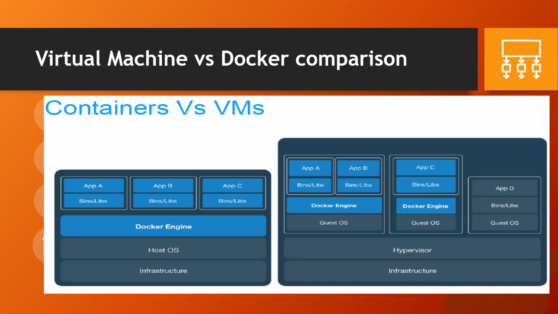The OS is different, dependencies are there, my framework dependencies are there, all this stuff. But when you go for a container, it doesn't matter. Whenever you build an application with a Dockerfile, you specify which OS you are using and what application you are going to build. Okay, so that is the advantage.